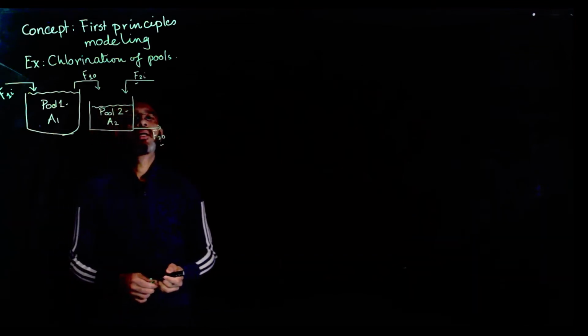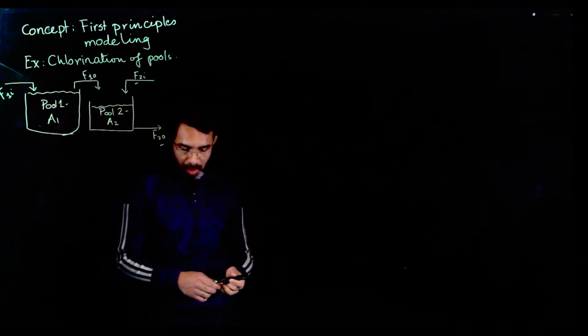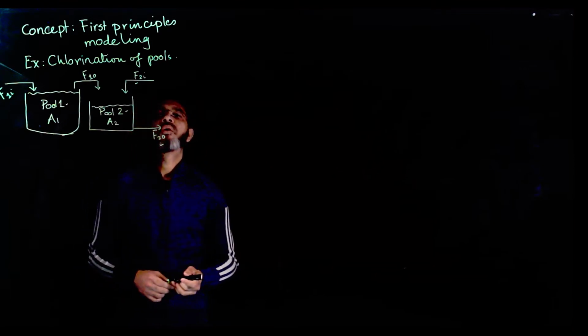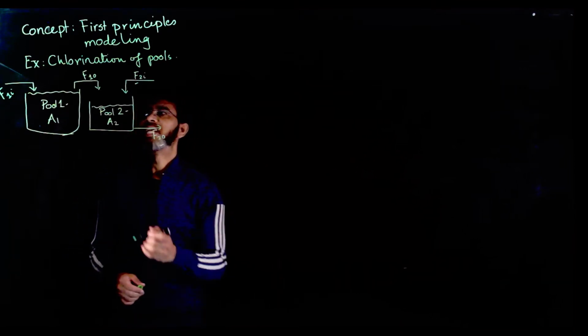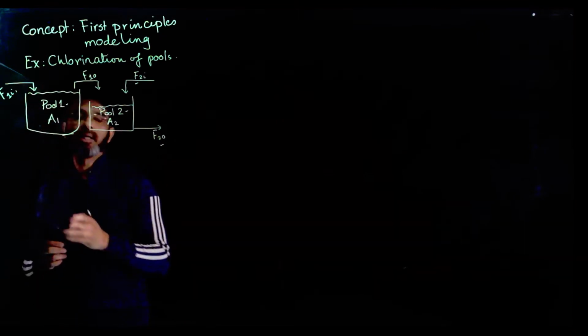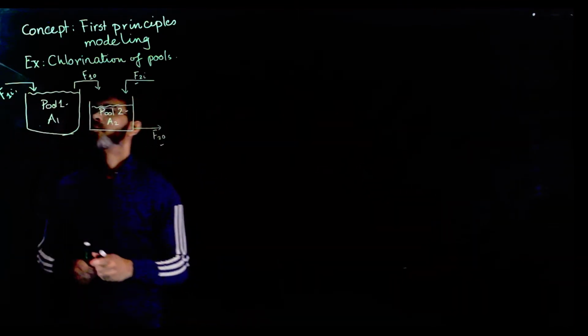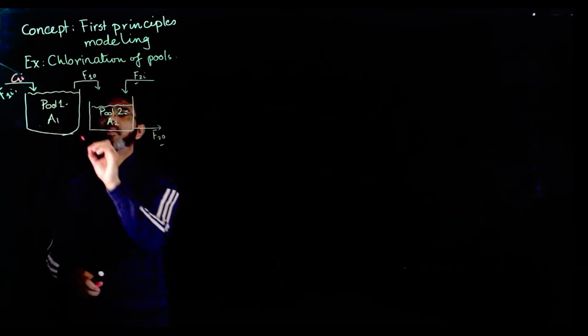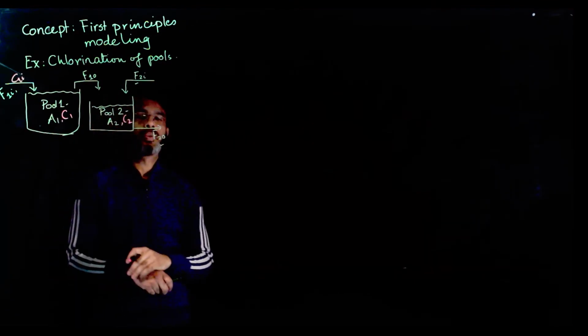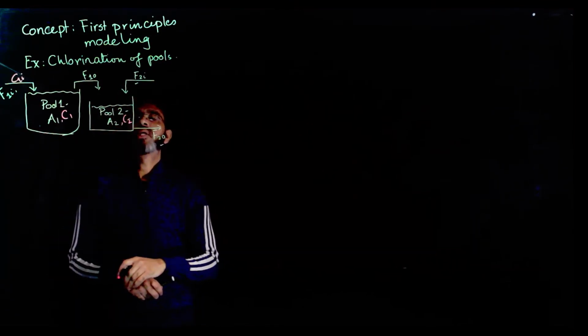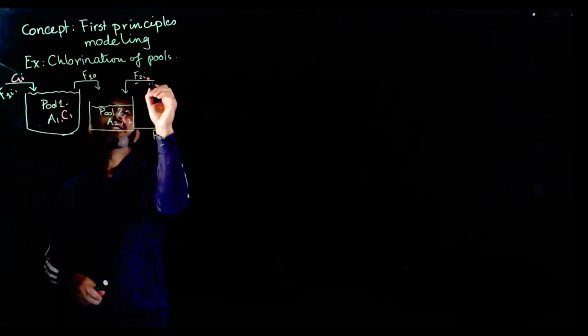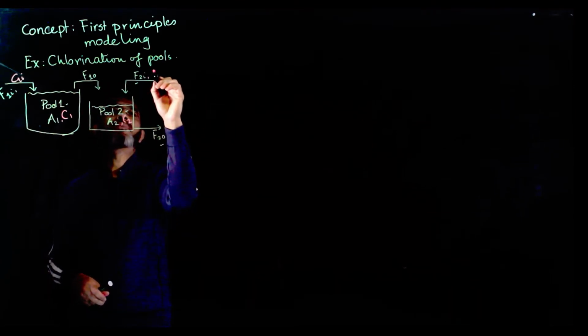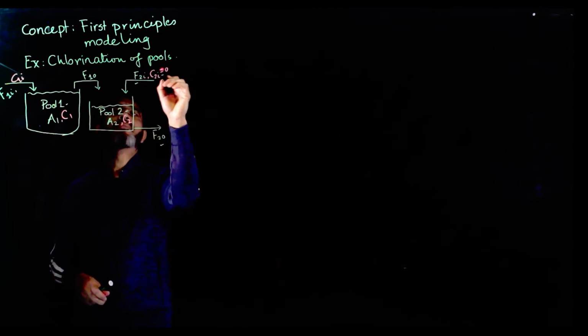Now if you look at the chlorination problem, we'll make some assumption that the chlorine is coming as part of this inlet flow where the chlorine concentration is C1I, and the chlorine concentration in this tank is C1, chlorine concentration in this tank is C2. We'll also assume that this one is pure water coming in. So if you have something like C2I, it's 0, and obviously this is C1.